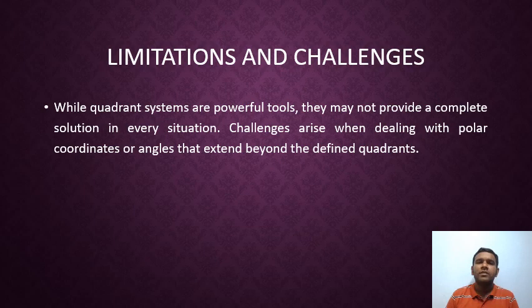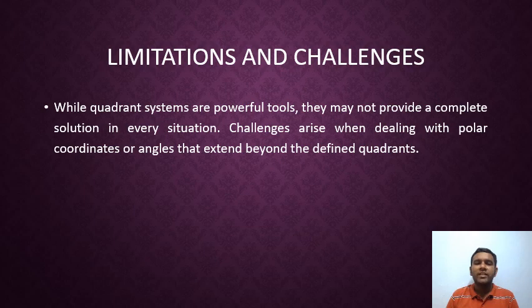If there's any application, there has to be some disadvantages, also known as limitations, and there will be some scope for improvement which comes in the form of challenges. While quadrant systems are powerful tools, they may not provide a complete solution in every situation.